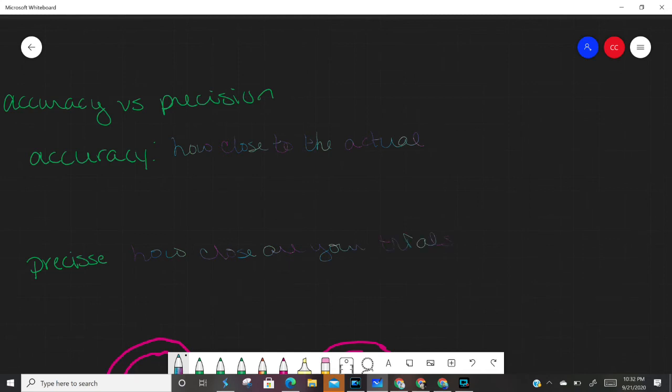So if I take measurements and I get very close to the same measurements every single time, then I was precise. When you're trying to get equipment to work right, you can be precise. You'll get the exact same measurements every time. But if your scales weren't calibrated properly, then your accuracy might not be right. You're not actually getting close to the target.